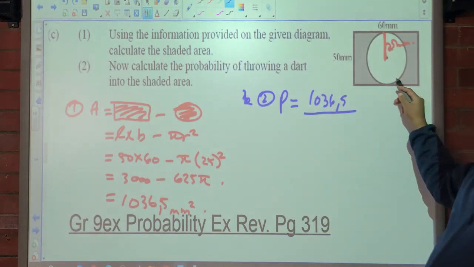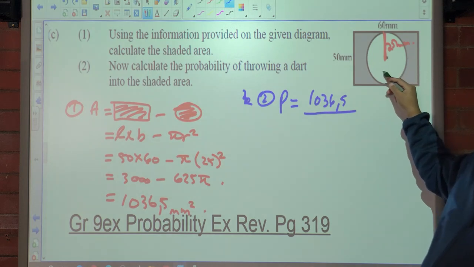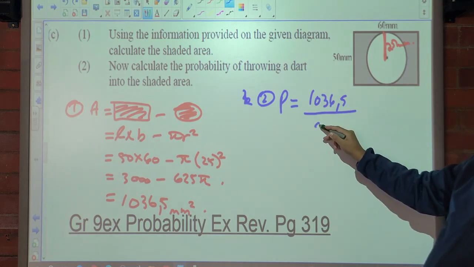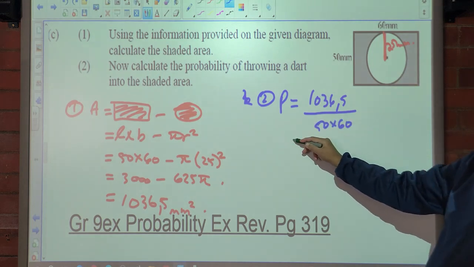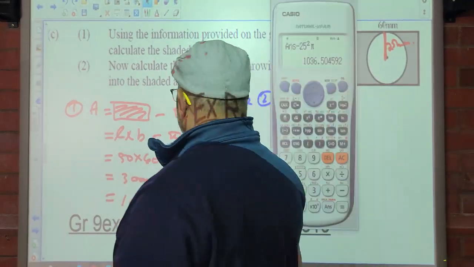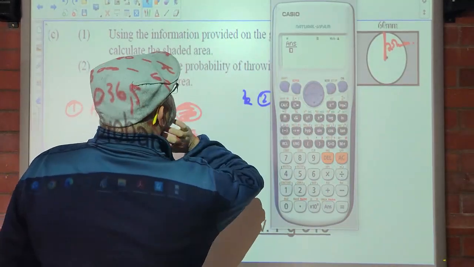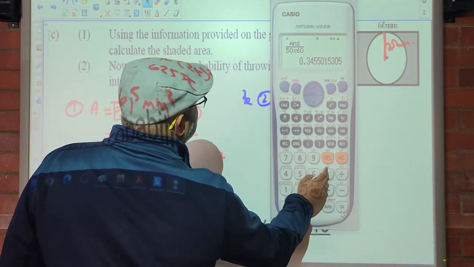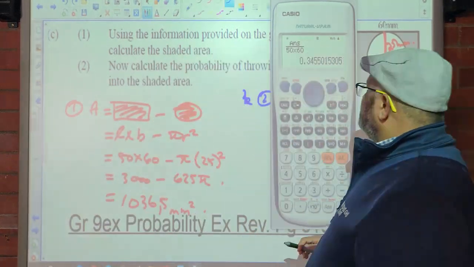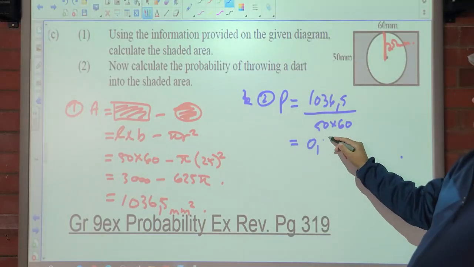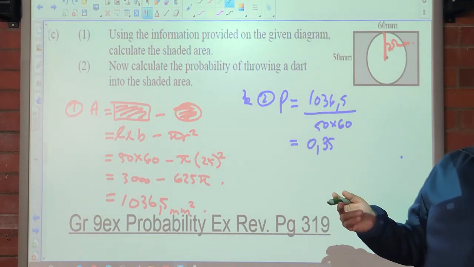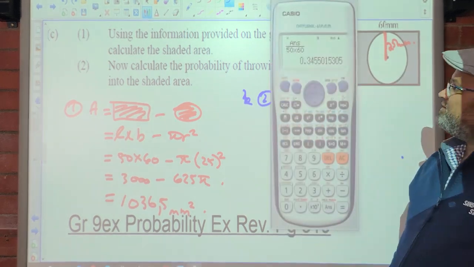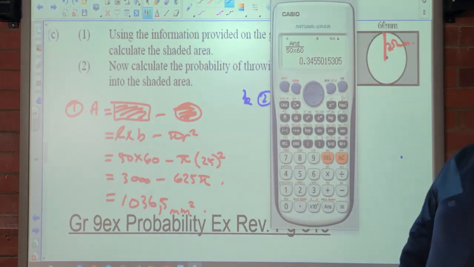It's possible to throw anywhere in that rectangle, so it's going to be 50 times 60, which is 3,000. That gives 0,35. If you want to write this as a percentage, it's going to be 34,55%. Okay.